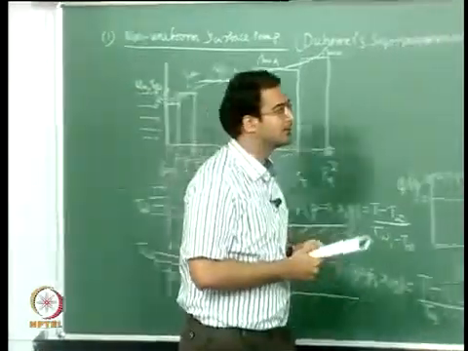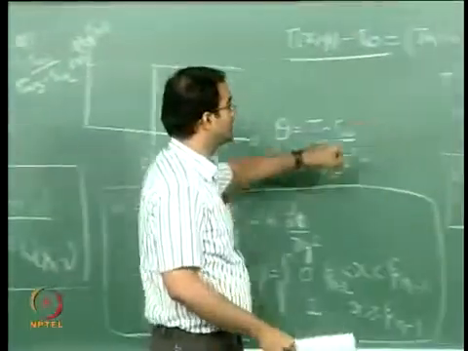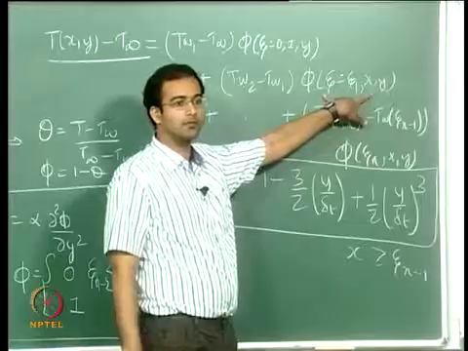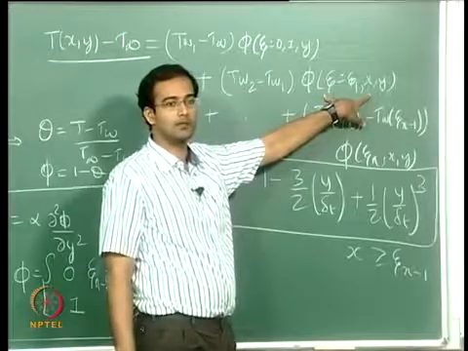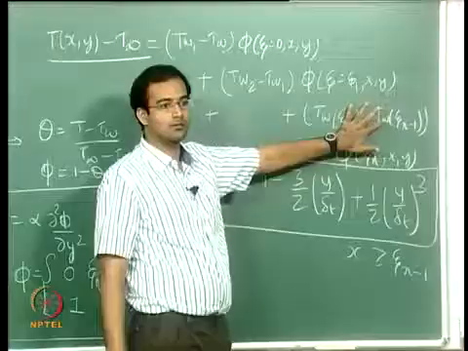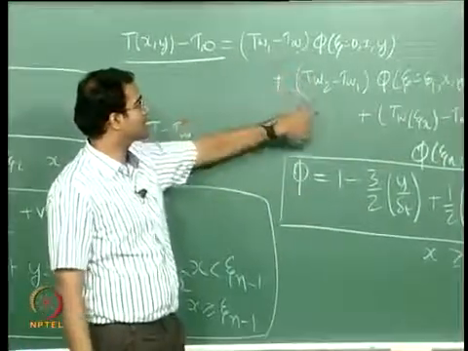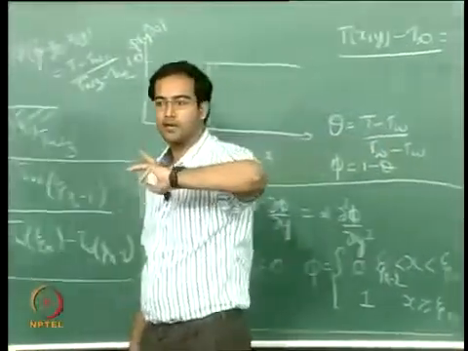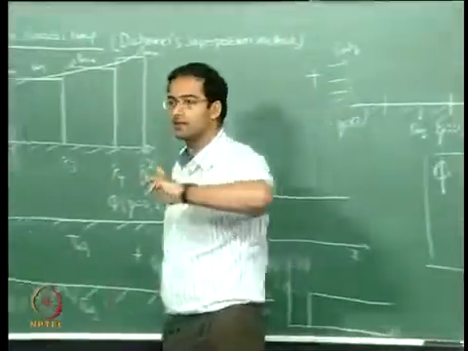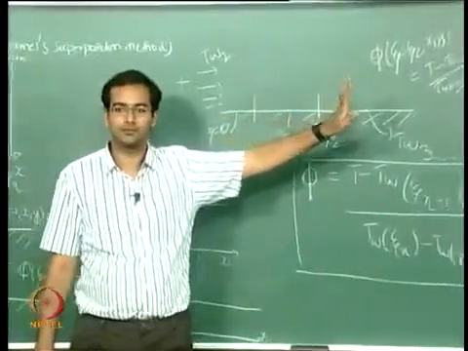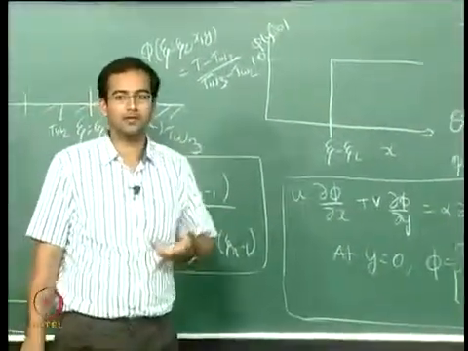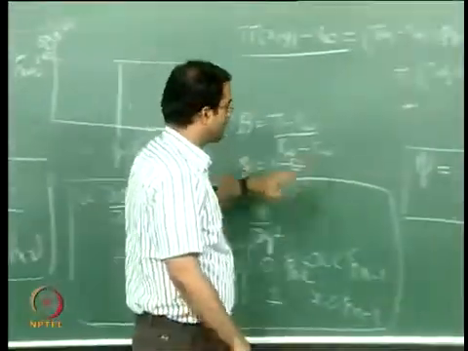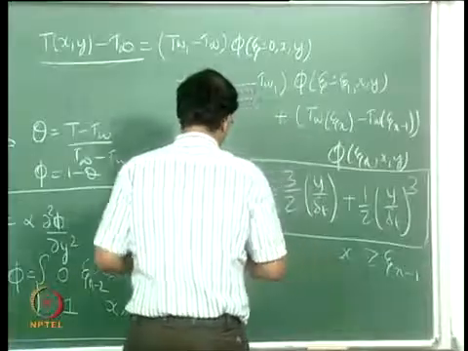This is T wall 2 minus T wall 1, and this is 0 before and 1 between zeta 1 and zeta 2, and the other terms are all 0. T wall 1 cancels, so this is T wall 2 minus T infinity. So this retrieves my boundary condition. This is a good check that this is the correct solution, because your boundary condition is also a part of the solution.